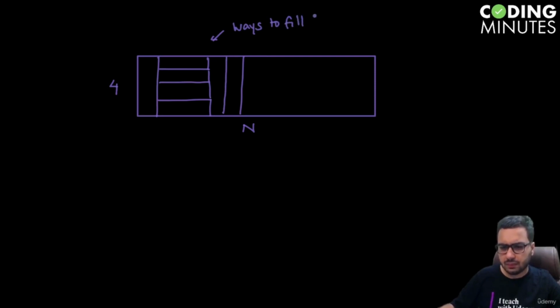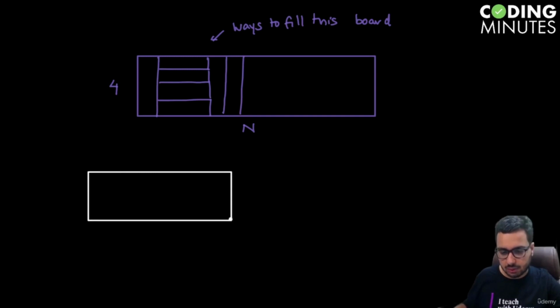What we have learned in recursion is, we will try to break down this problem into smaller subproblems. Let's say we have a board, and what can be the possibilities of filling this board? Let's say this is the board of size n, and let us suppose we put the first tile in the vertical orientation. We fixed this tile, so what are we left with?